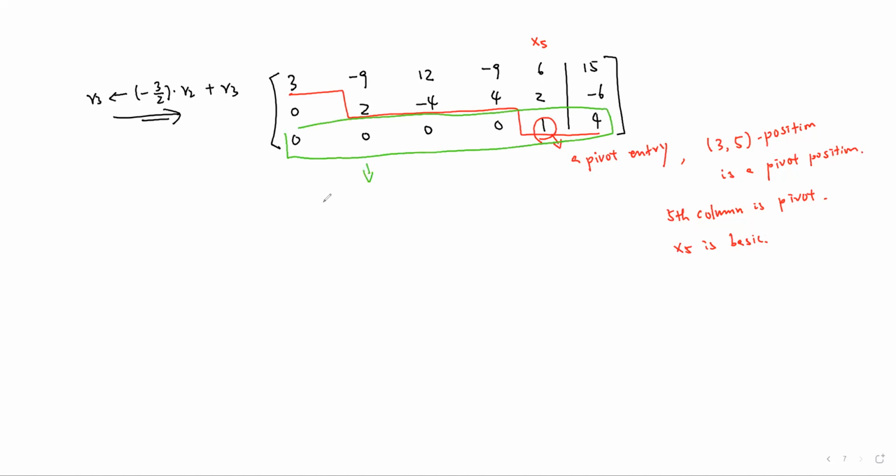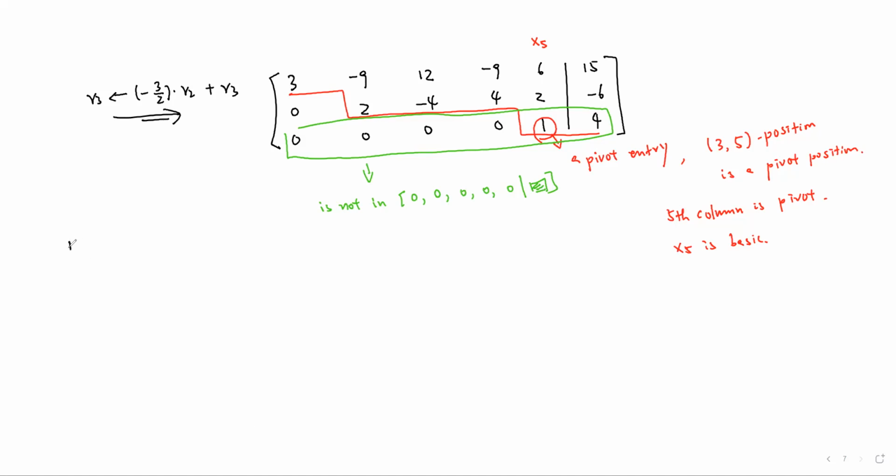This row is not in the form 0, 0, 0, 0, 0 followed by a non-zero number. So the linear system has at least one solution. How to find the solution? Backward elimination this time. Continue to simplify the matrix.